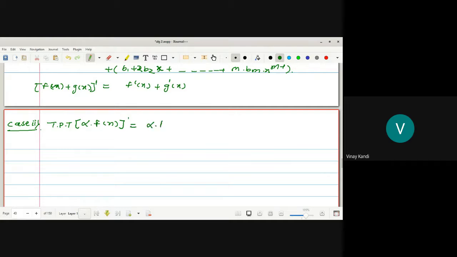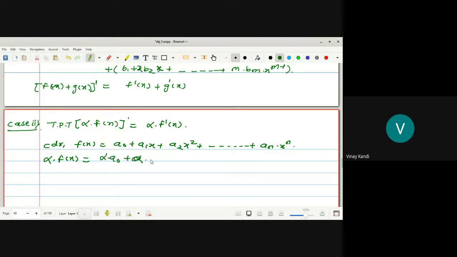Now consider first f(x) is equal to a0 plus a1x plus a2x squared plus up to so on an x raised to n. What is alpha into f(x)? Alpha a0 plus alpha a1 x plus alpha a2 x squared plus up to so on alpha an x raised to n.